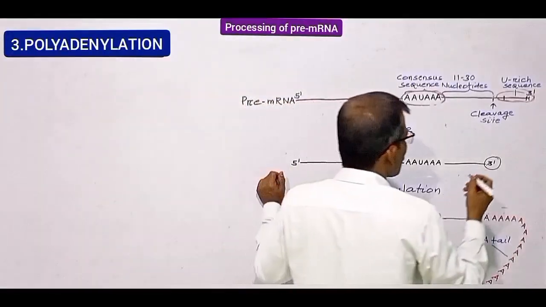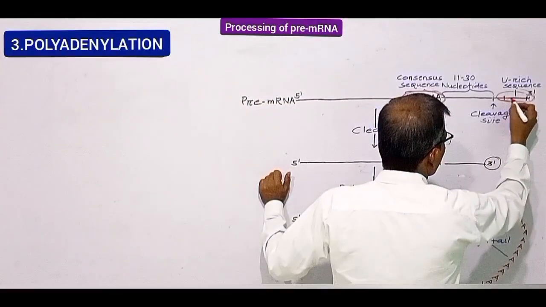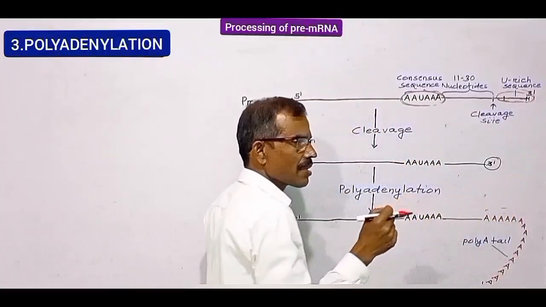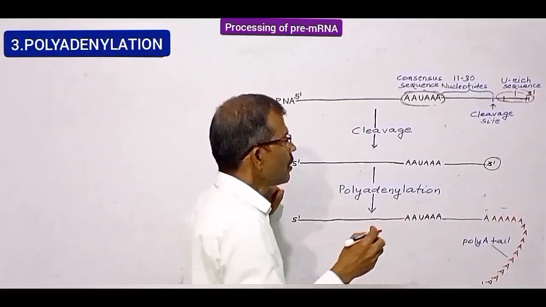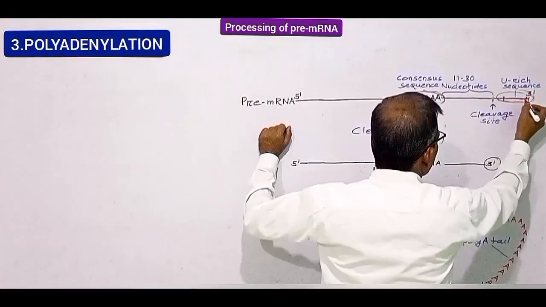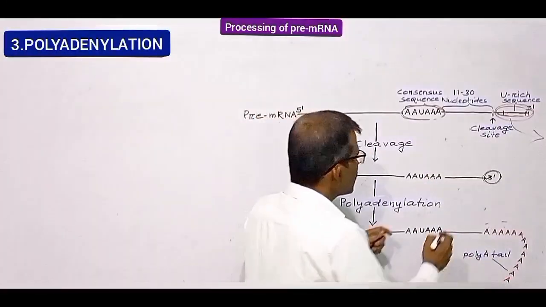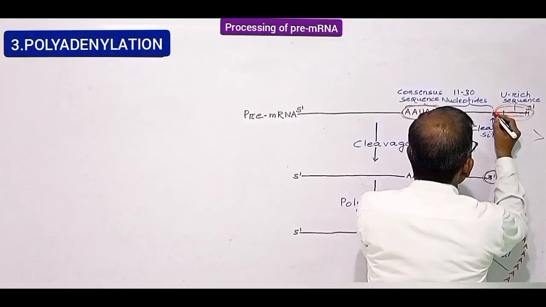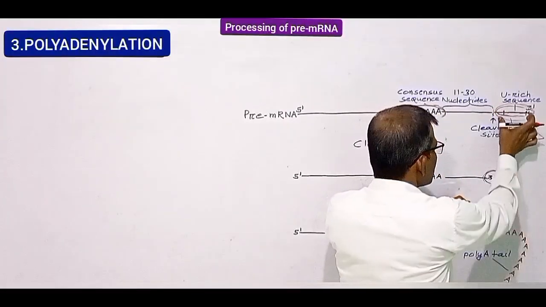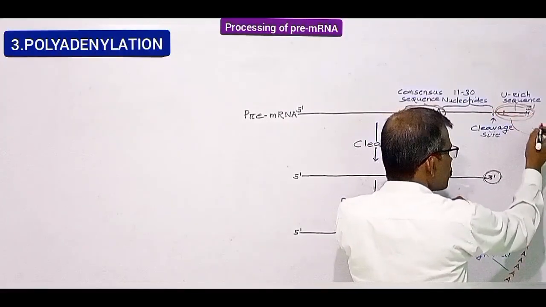The other sequence is rich in either uracil or uracil and guanine. This sequence is located downstream of the cleavage site. So at this point, cleavage takes place and then this extra material is removed.